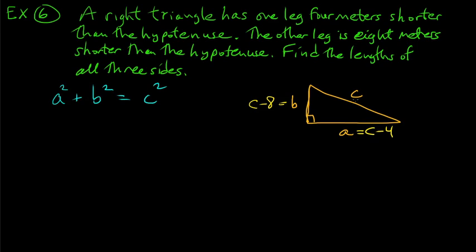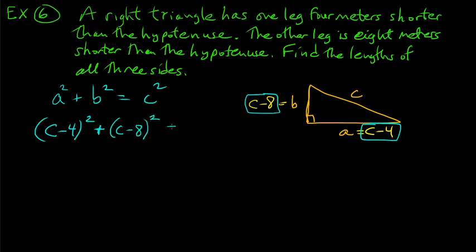This one's a little trickier because we don't know what C is, and we don't know what A is. However, we can replace A with C minus 4. We still have to square it, but that's what A is, right? Plus B squared. Now B is also C minus 8, so I can change B to C minus 8. And I can leave the C squared on the right alone.